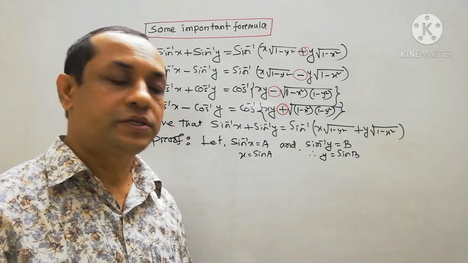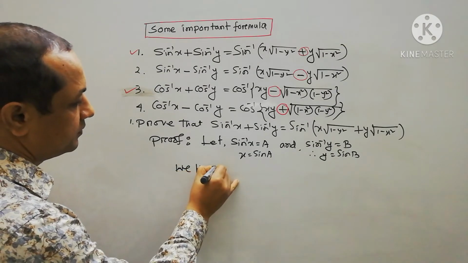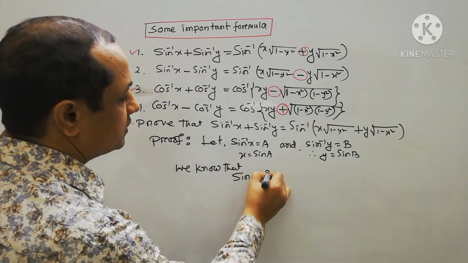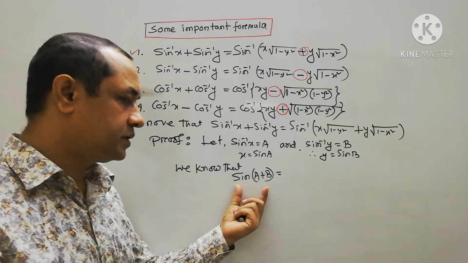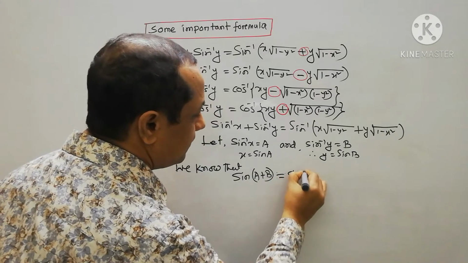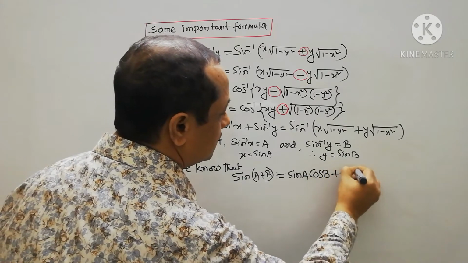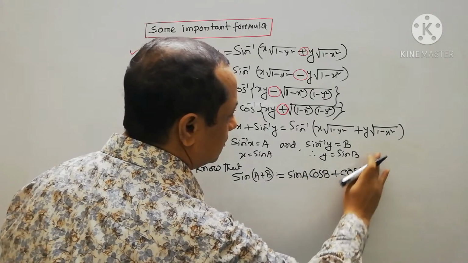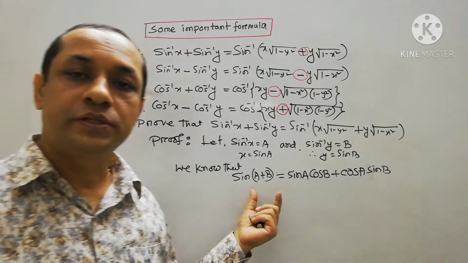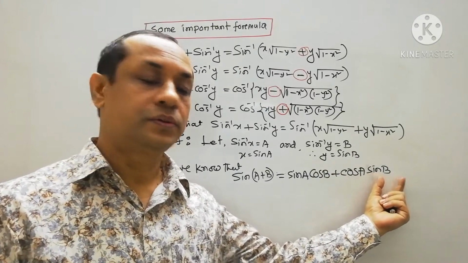Now using the trigonometric formula, we know that sin(a plus b) equals sin a cos b plus cos a sin b.